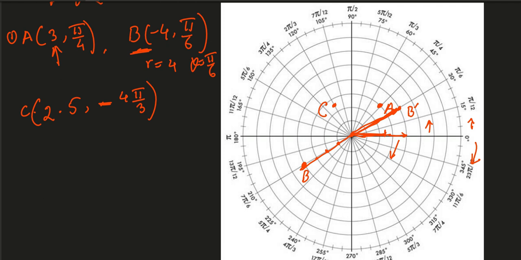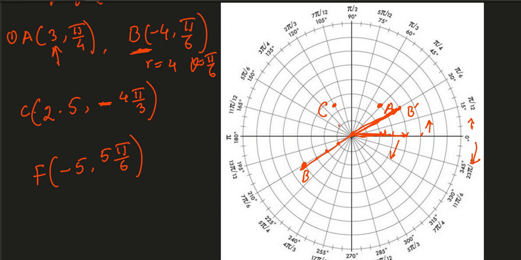Let me do one more example, the final example of this part of the video. Let's say we have another point, I'm calling it F: (-5, 5 pi over 6). Since the negative case is kind of complicated, we'll do one more example with the negative type. First of all, we'll work with the positive direction. So 5 units apart from the center, 1, 2, 3, 4, 5, and then 5 pi over 6 should be somewhere here.